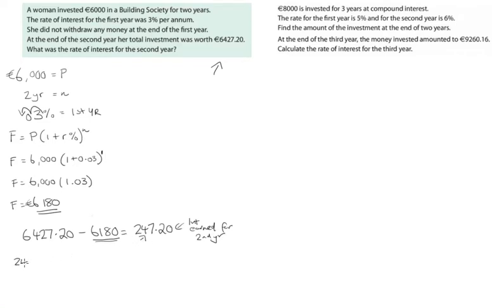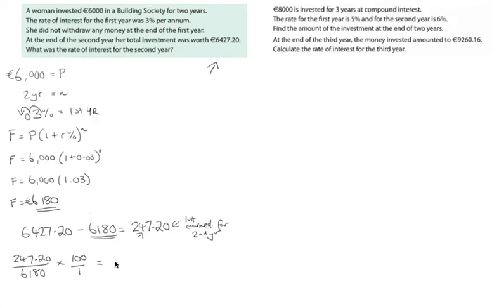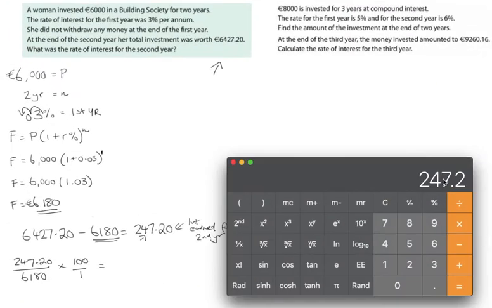So 247.20 over 6180 multiplied by 100 over 1 equals, and we'll use the calculator, 247.2 divided by 6180 equals 0.04. So I already know it's going to be 4% once I multiply it by 100. Yep, 4%.